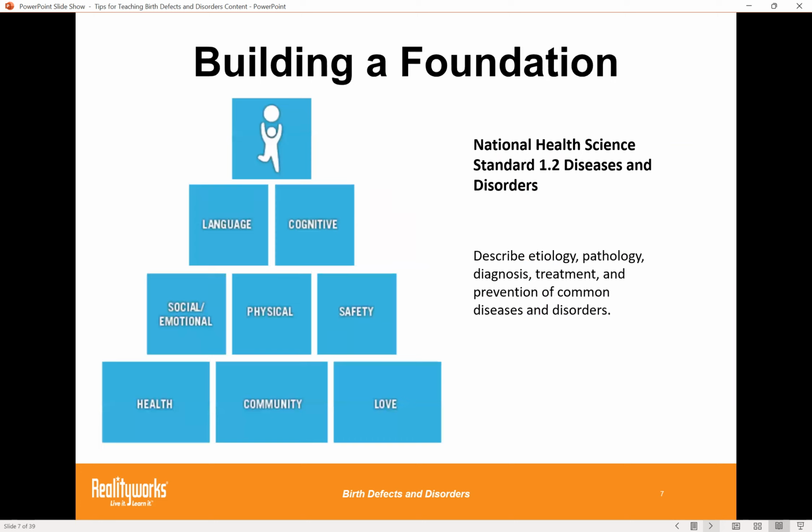Now, if you happen to teach courses within the health science career cluster, National Standard 1.2 covers the importance of knowledge, including etiology, pathology, diagnosis, treatment, and prevention of common diseases and disorders, which includes common birth defects and conditions.